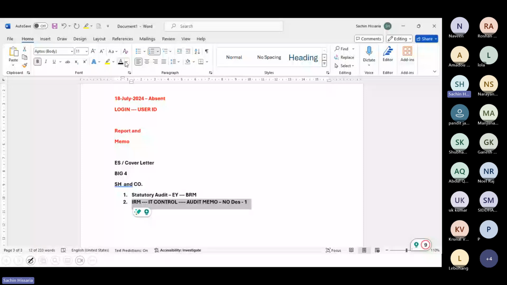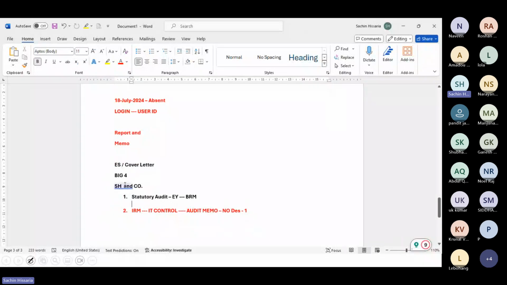Generally the BRM team will use this terminology. They will say we are waiting for an audit memo from our IRM team. Once they provide an audit memo, only then will we issue the final audit report. So this is like a letter or internal summary report which we share for the purpose of comfort. The BRM team will get a comfort once the audit memo has been issued.